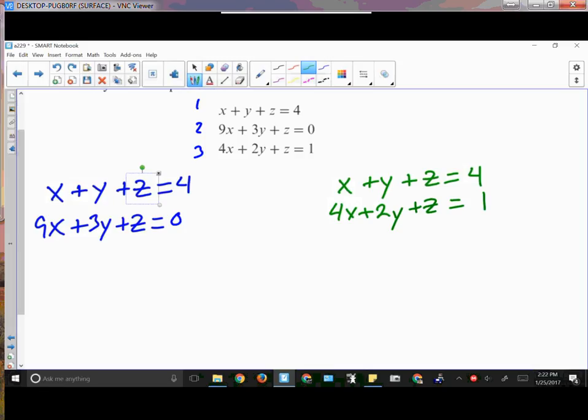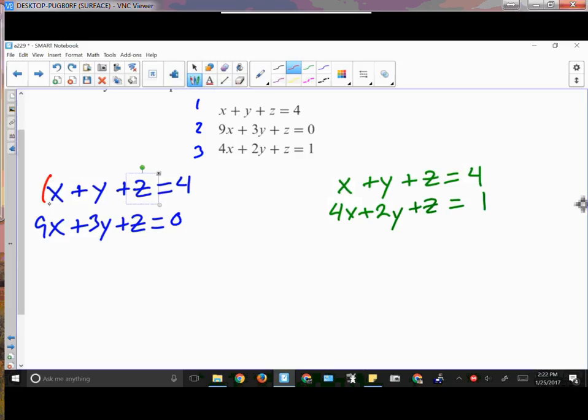Now, the whole idea of this is to have 2 equations with 2 unknowns. We know how to go through and solve those. So, here we go. If I want to get rid of this z here, I can multiply one of these equations through by a negative. Remember how we were doing this before?